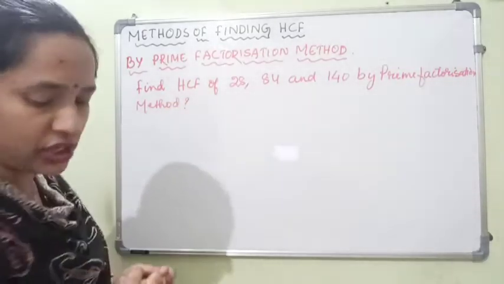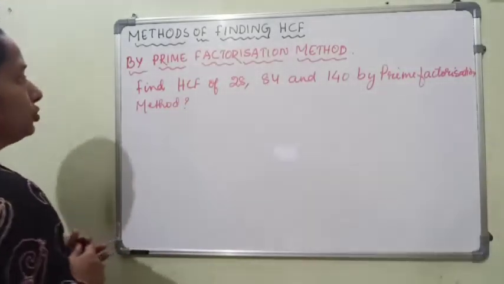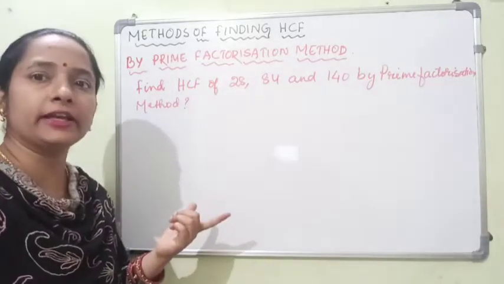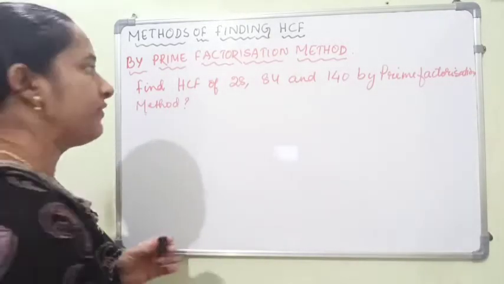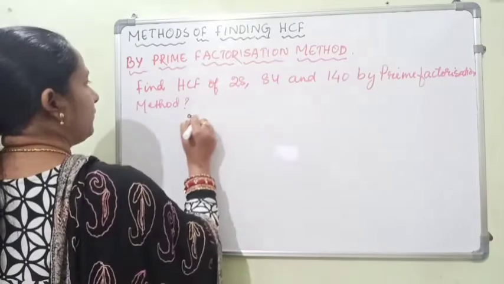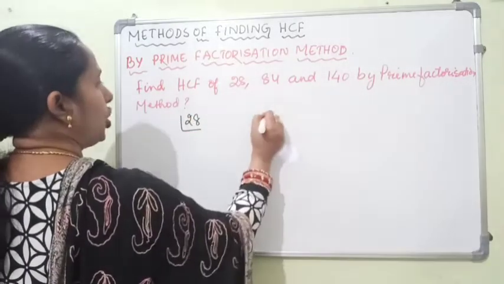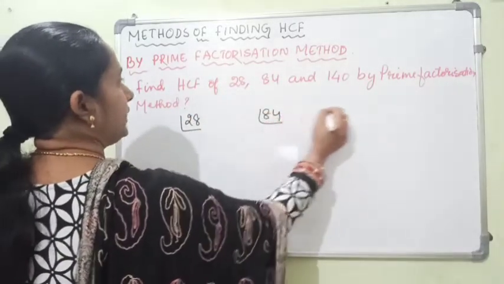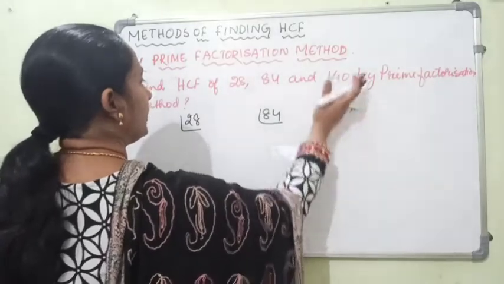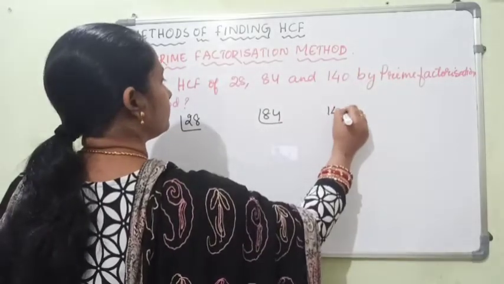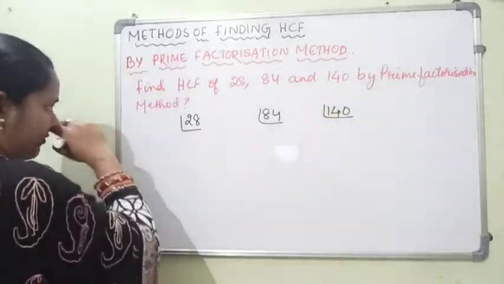Now you can check here. Let's see how to do it. As it is mentioned that it is to be done by the prime factorization method, first of all we will find the prime factors of 28, 84 and 140. Now let us prime factorize them.